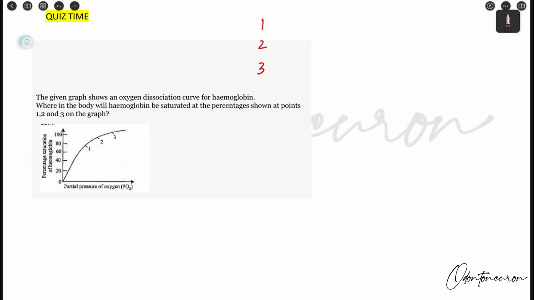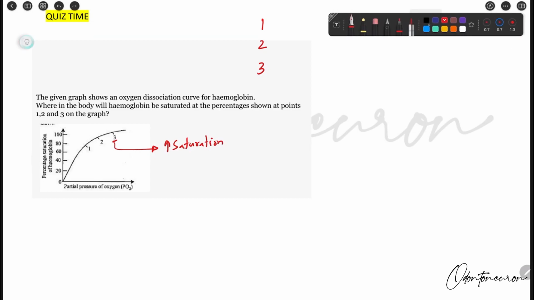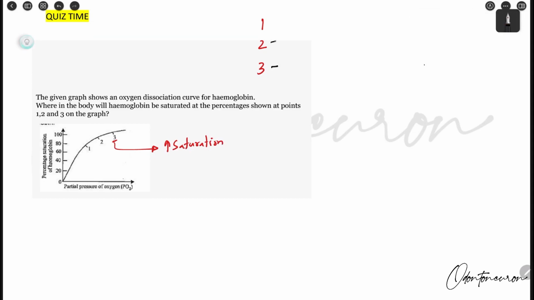And let me say something. 3 is where there is high saturation. I'm just giving you time to think so that we can move on further. Now see, just keep this in your brain: the hemoglobin is more saturated with oxygen in the pulmonary vein.